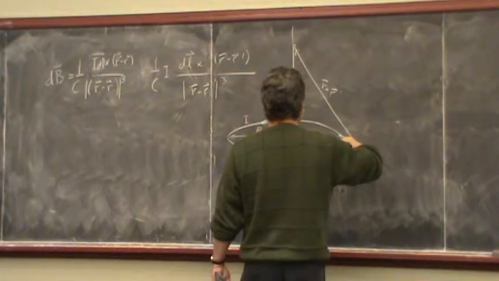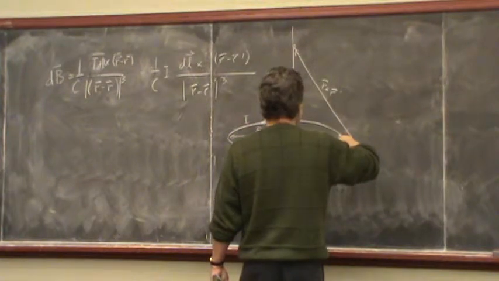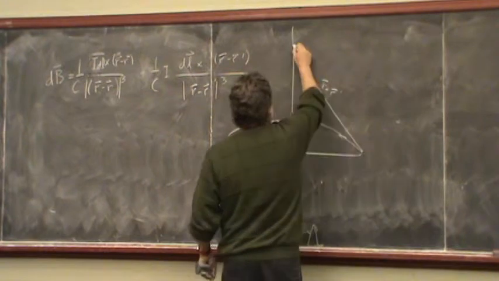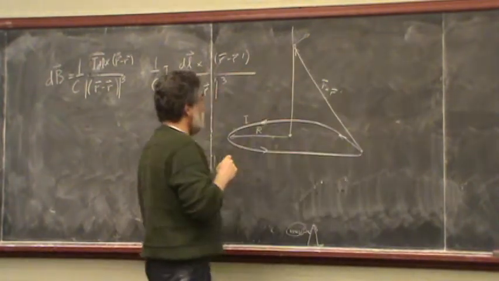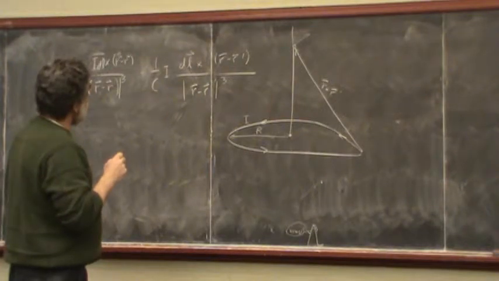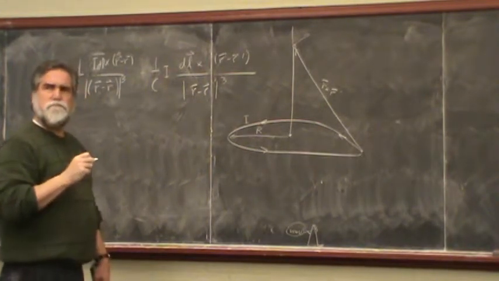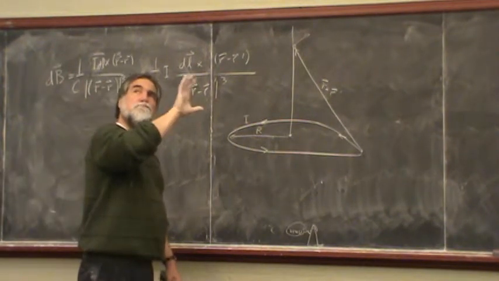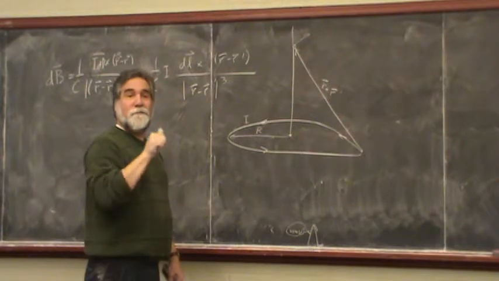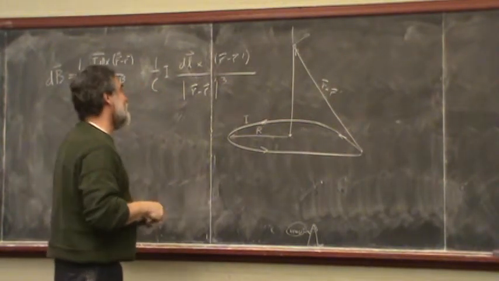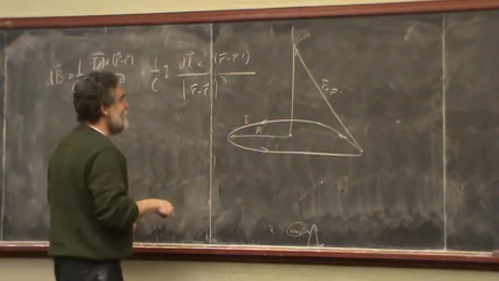I dl cross r minus r prime gives me a vector pointing like that, and I want it to go the other way. Why the other way? According to Ohanian it cancels. The E field from a ring of charge points the other way, doesn't it? Never mind.